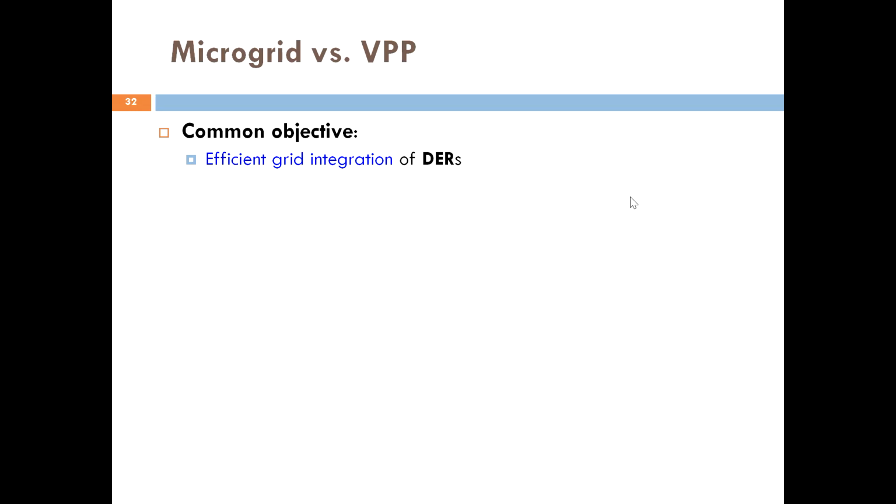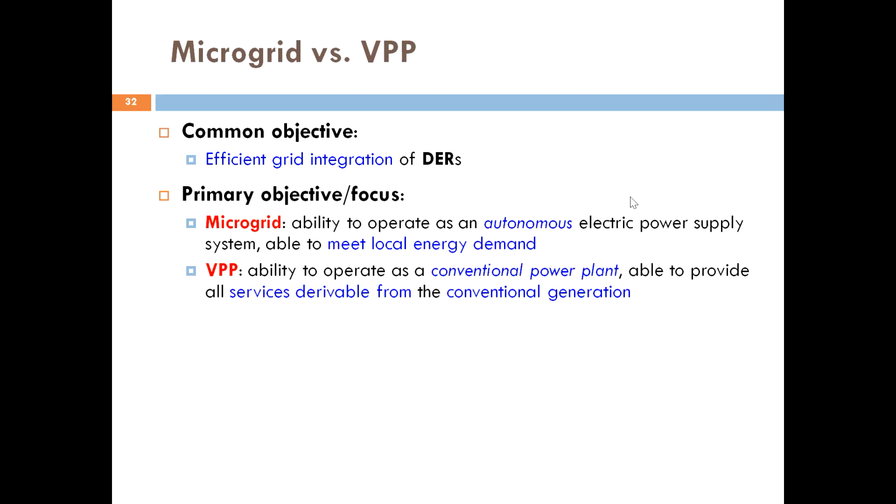Obviously, the common objective of these two is to realize the efficient grid integration of the distributed energy resources. So that is the underlying primary objective that is shared by both of them. However, we also find that there are some differences in other objectives.